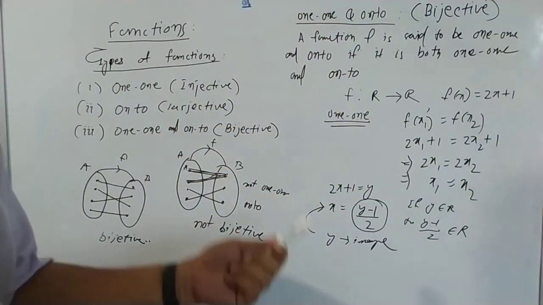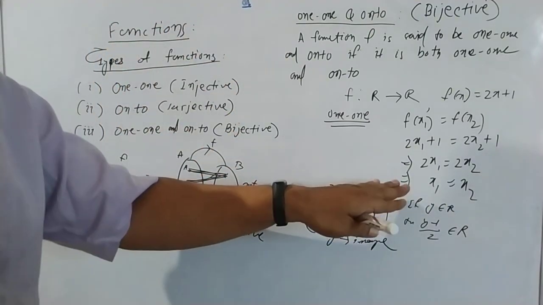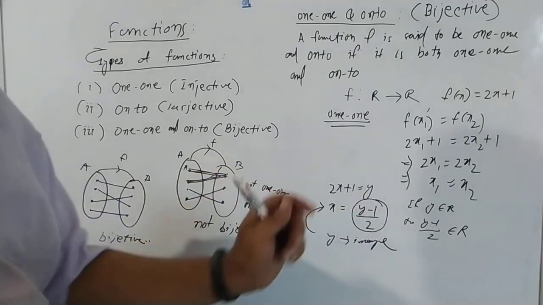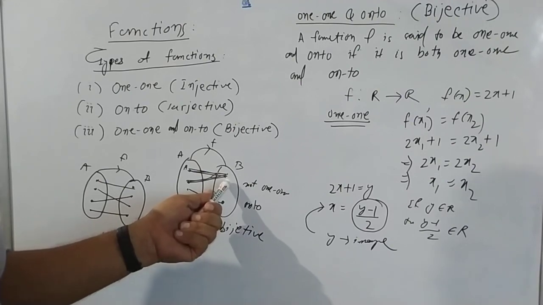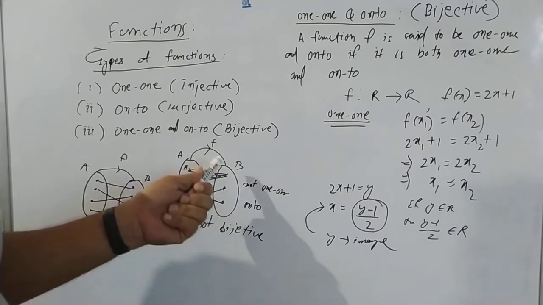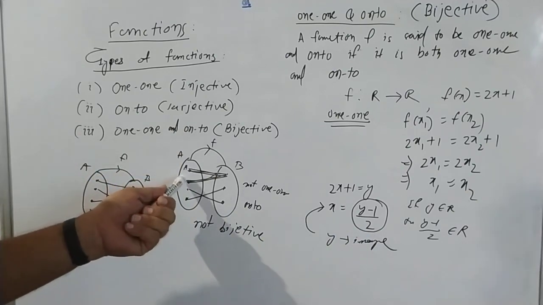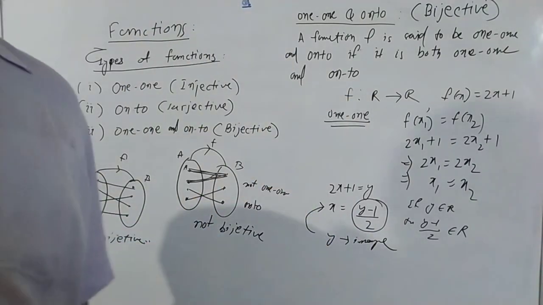And for onto, always think about the image. So you take an example: if it is a set of real numbers, you take any real number, then you check whether that real number can be an image through the given rule, then it is onto.